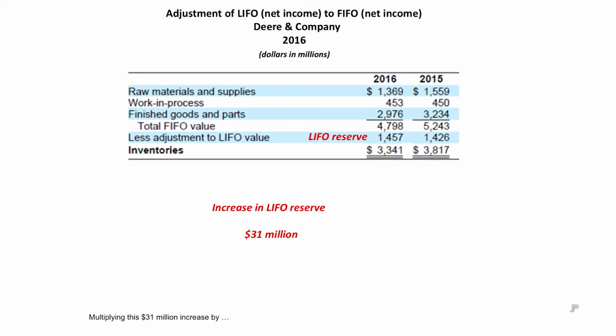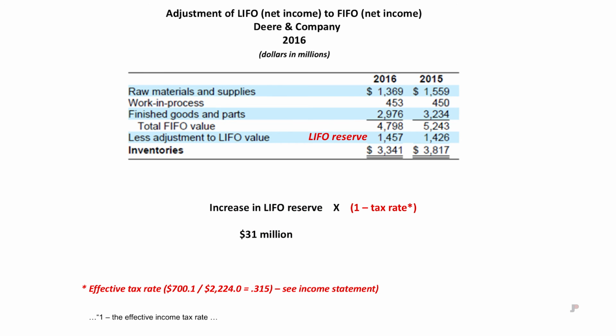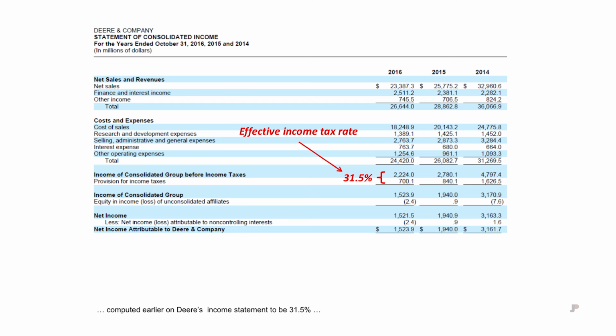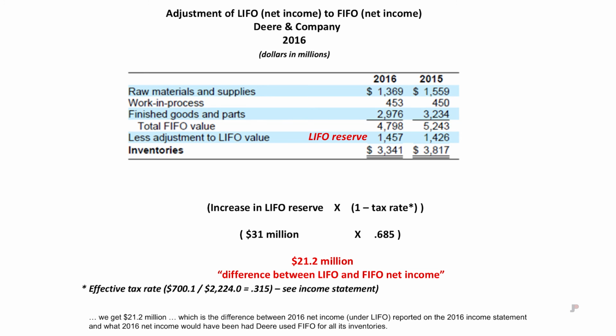Multiplying this $31 million increase by 1 minus the effective income tax rate, computed earlier on Deere's income statement to be 31.5%, we get $21.2 million, which is the difference between 2016 net income under LIFO reported on the 2016 income statement and what 2016 net income would have been had Deere used FIFO for all of its inventories.